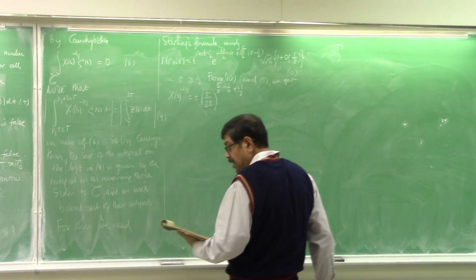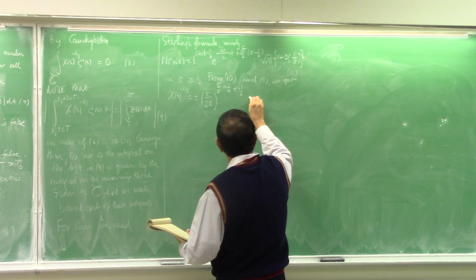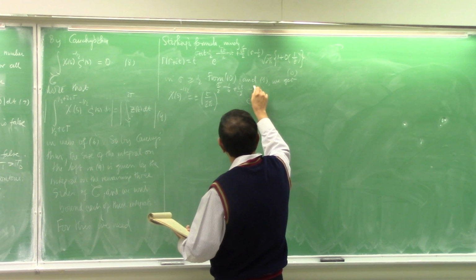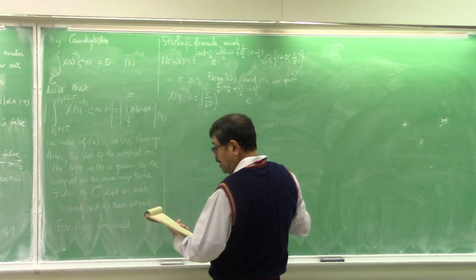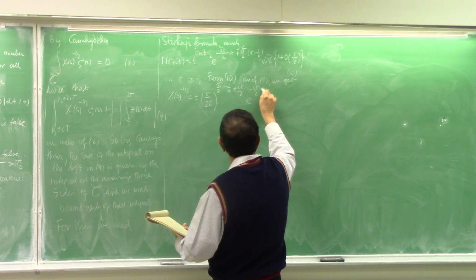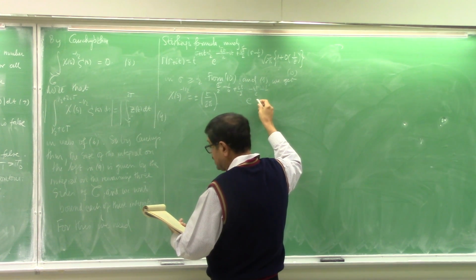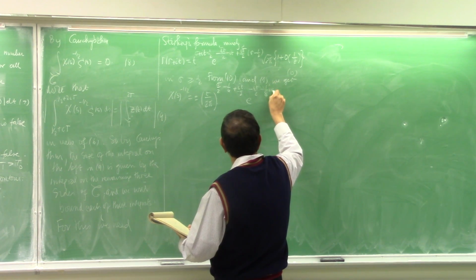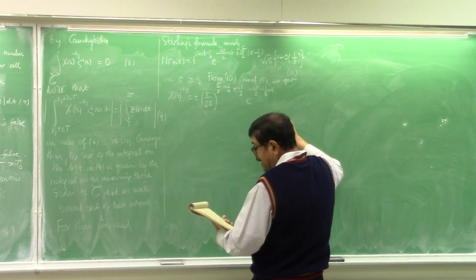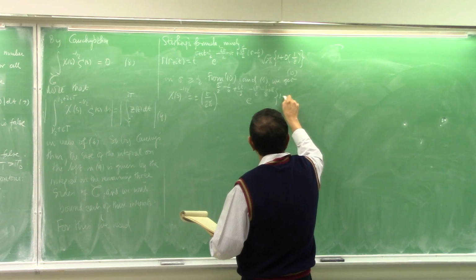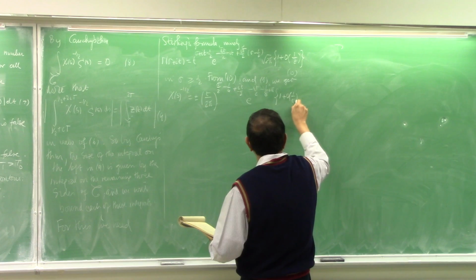Absolute value 1 times e to the power minus it over 2 minus, these are all not important, but this comes out of the exact formula. 1/8 i pi, the square root 2 pi cancels, times 1 plus capital O of 1.